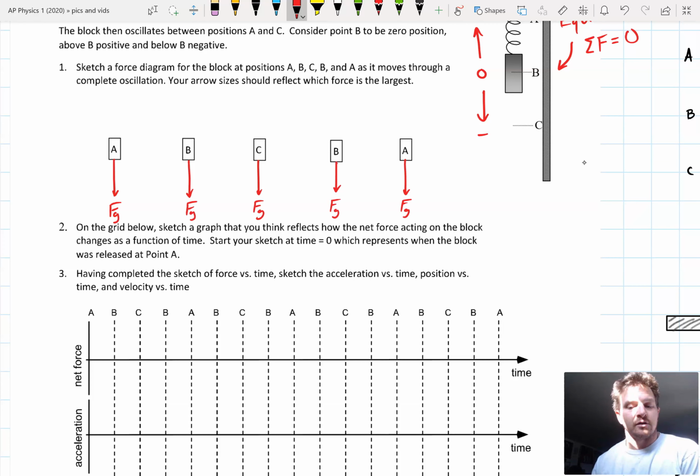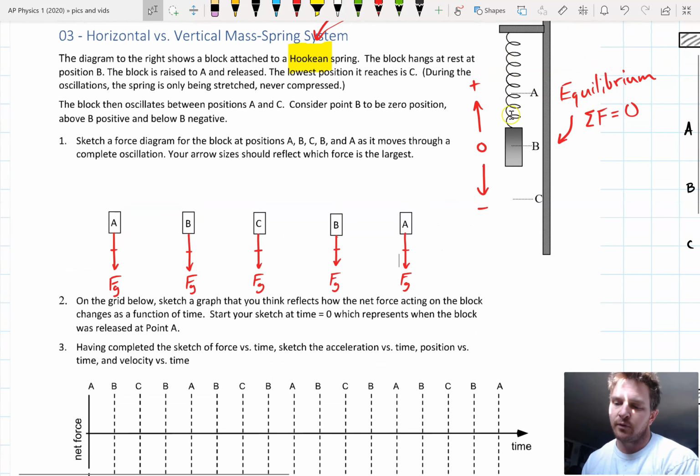To show that they are the same length and take any confusion out of it, we put tick marks. The only thing that's going to change is the spring force pulling up on the block.